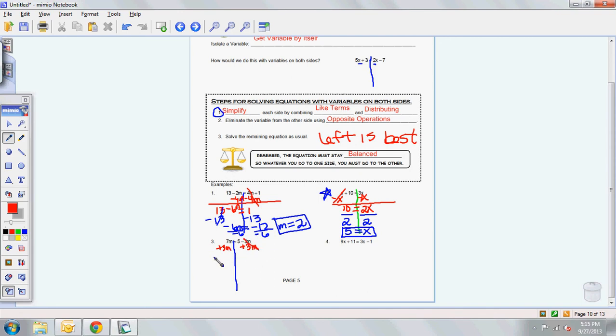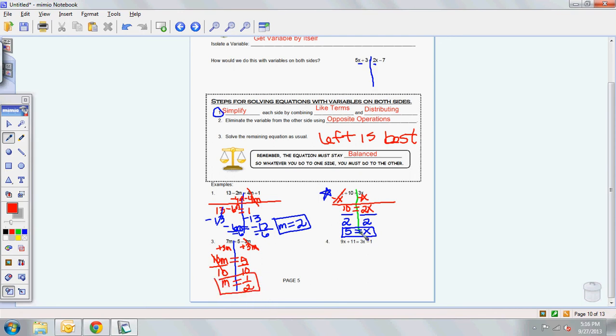So I have 10m is equal to 5. One last step to do. Do the opposite still. Divide by 10. Now don't be rushing things and think that this is equal to 2. This is 5 divided by 10, not 10 divided by 5. So it's a fraction you've got to simplify. So do it in your calculator or do it in your head, but m is going to equal 1/2.